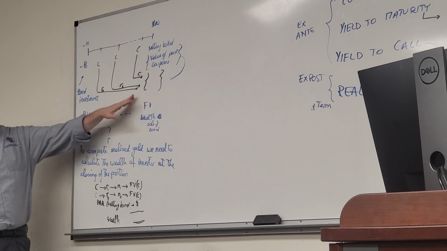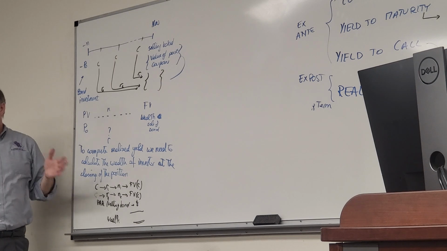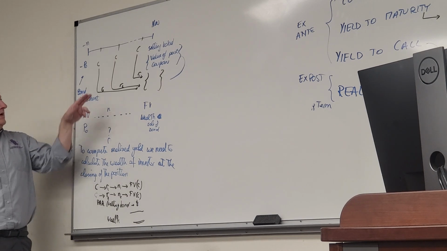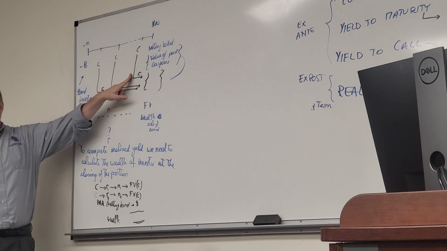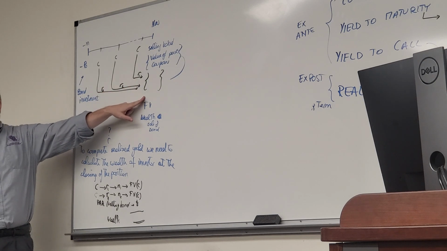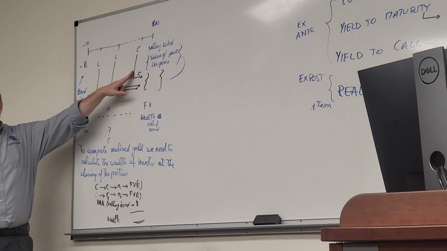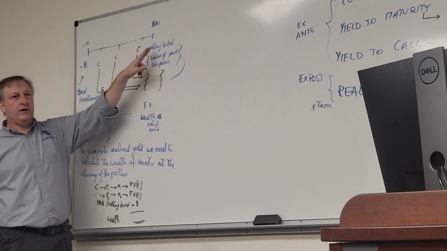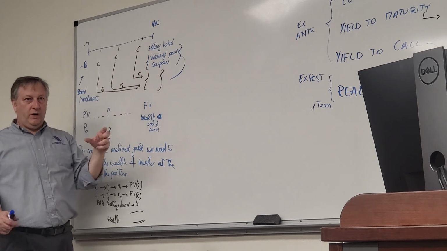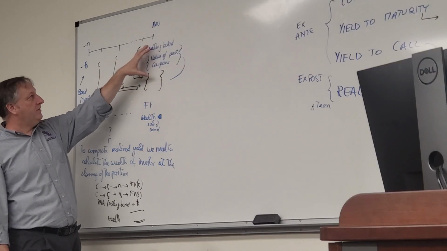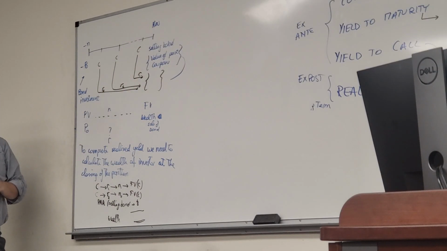Yep? So let's consider the simplest possible case where you don't reinvest the coupons. I collect coupons for 3 years. What would be my wealth? It's going to be the sum of coupon 1, 2, and 3, right? They're not invested, and then whatever I got from selling the bond. So my wealth is the sum of what I get from selling plus the collection of the coupons in the most elementary case.